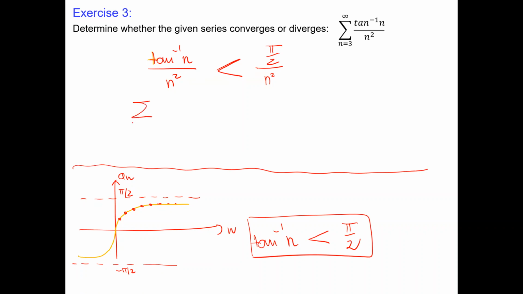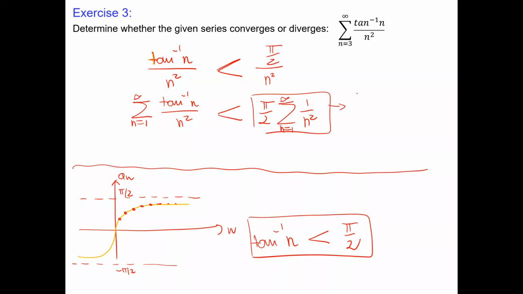Okay, so this summation, inverse tangent of n over n squared, is smaller, this is constant, than this summation. And again, our comparison works. You can see right away, this infinite series, 1 over n squared, is a P series, convergent by P series test.